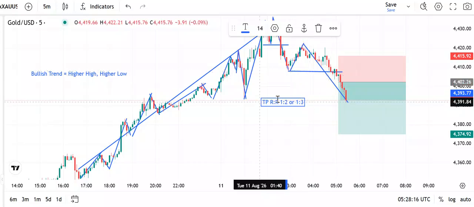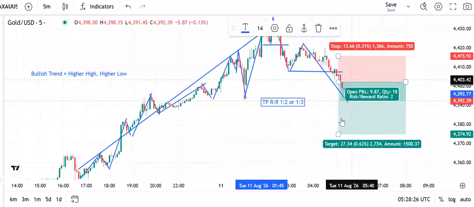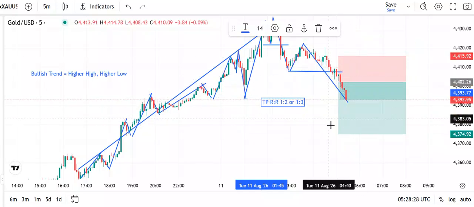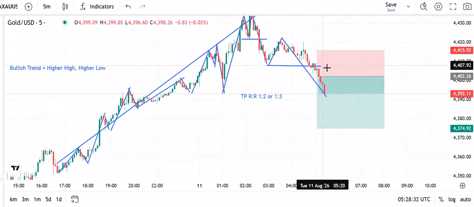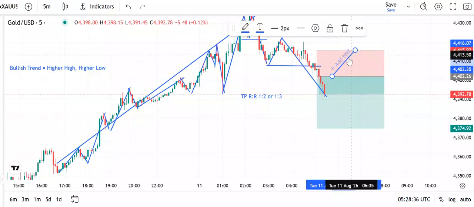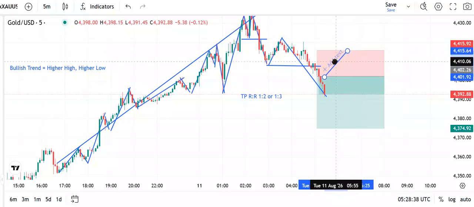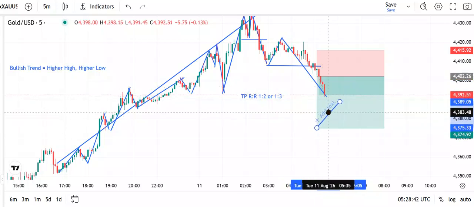But my TP for risk reward, as in the distance of the depth of the stop loss compared to the depth of the take profit, is ratio 1 to 2. That's what I have here. I could have as well measured ratio 1 to 3. There's the distance of the take profit 1, 2.